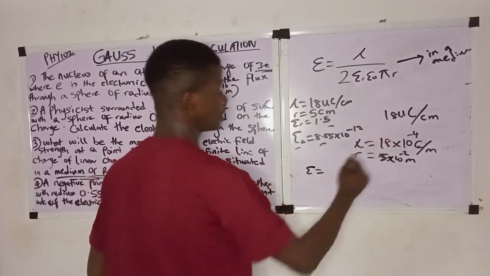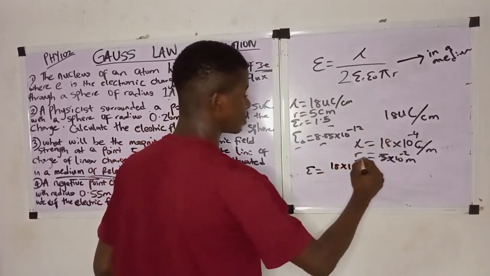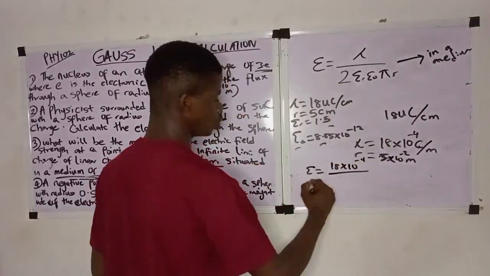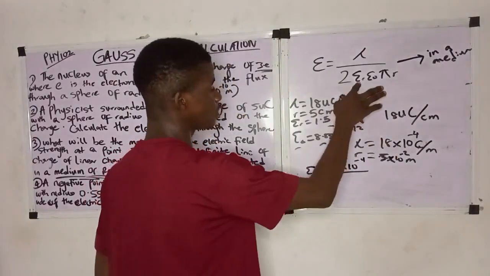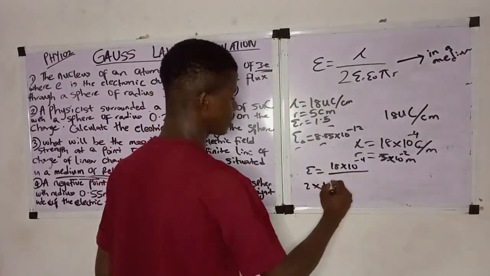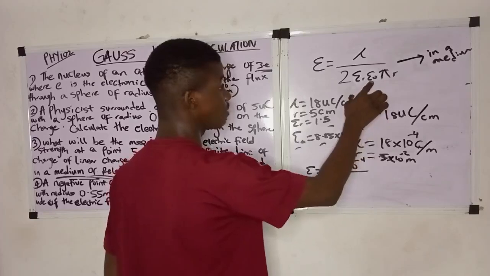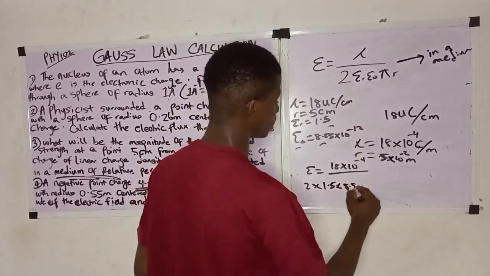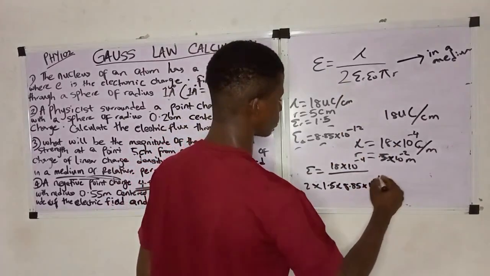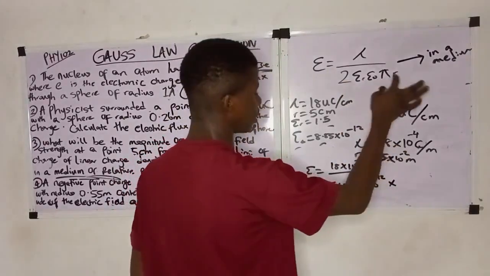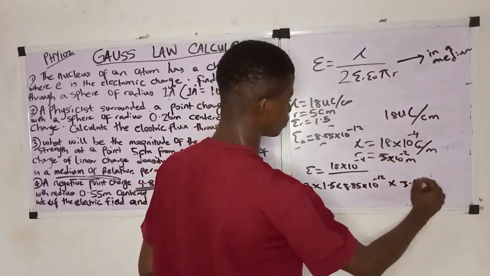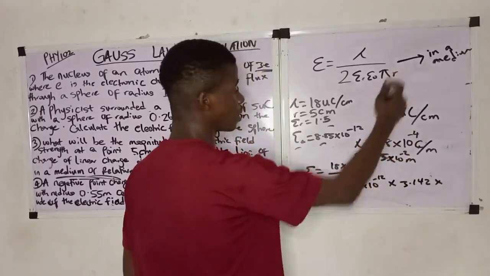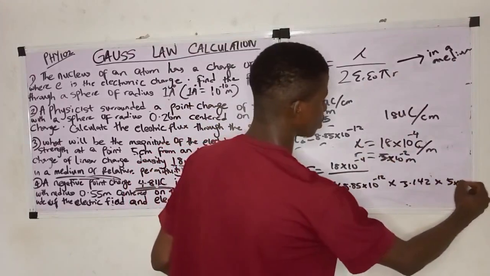Linear charge density is 18 times 10 to the minus 4, divided by 2 times relative permittivity, which is 1.5, then the permittivity of free space, which is 8.85 times 10 raised to minus 12, then times pi, which is 3.142, then times r, which is 5 times 10 raised to minus 2.